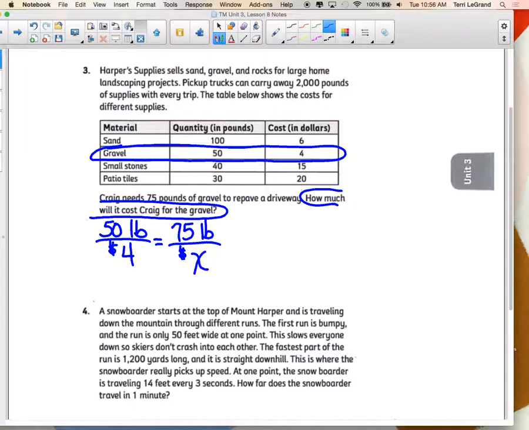Look that over, class. What do you think? You think that might work? We're comparing pounds to dollars. In the table it says 50 pounds of gravel will cost $4. Well, Craig doesn't want 50 pounds, he wants 75 pounds. So the question is, how much will it cost him?